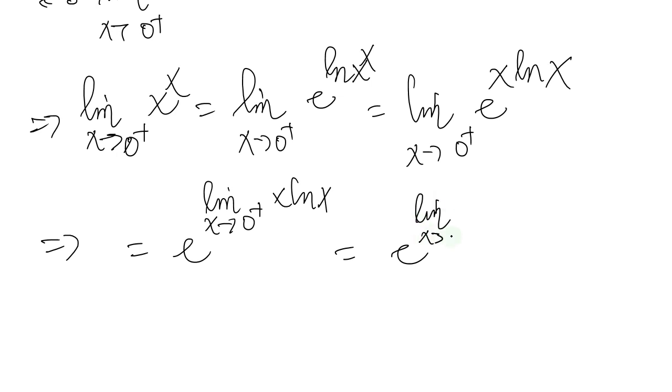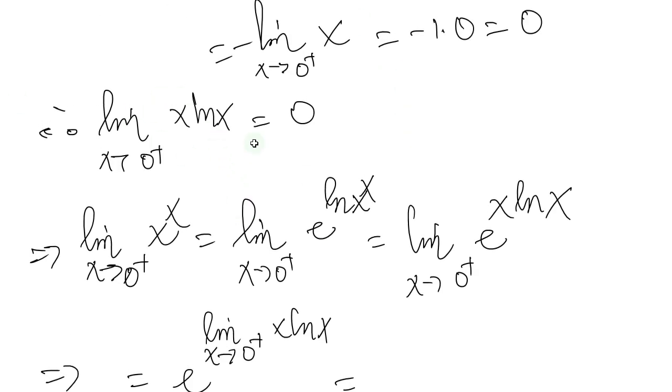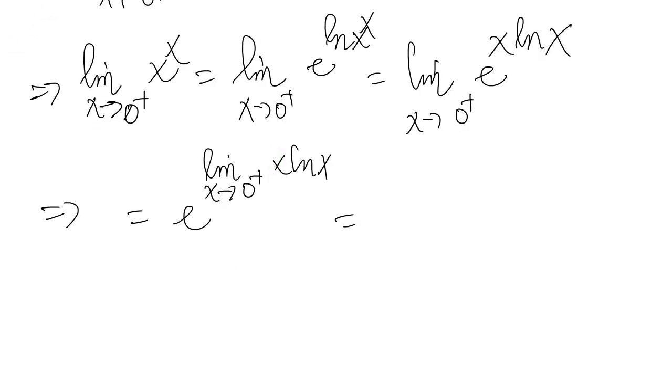We can stop here and say that this is what we got here, guys. So this limit is 0. So if this limit is 0, it means that this is e to the 0, which is 1.